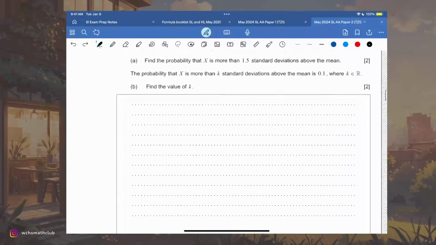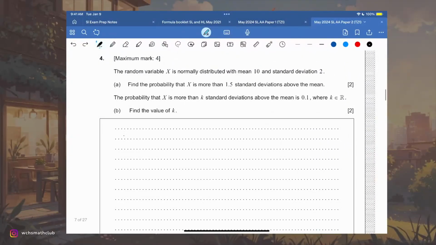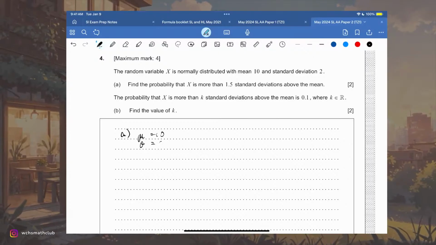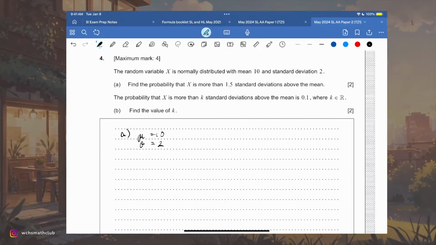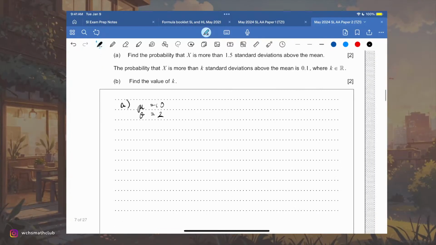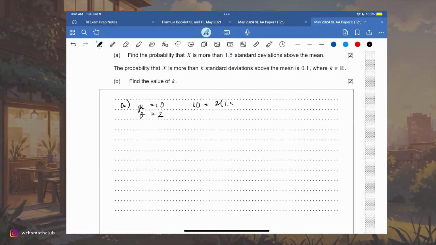Our mean is 10 and our standard deviation is 2, so 1.5 standard deviations above the mean is 10 plus 2 times 1.5, which is equal to 13.